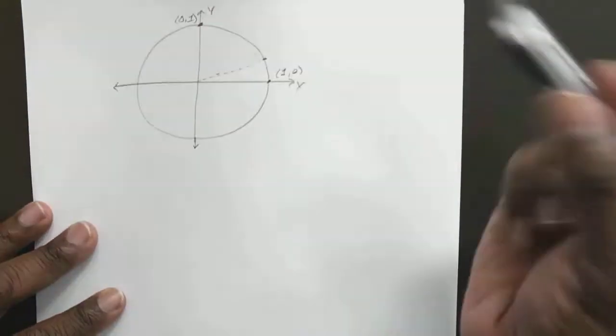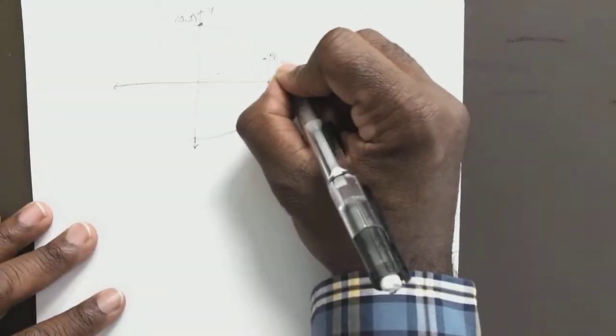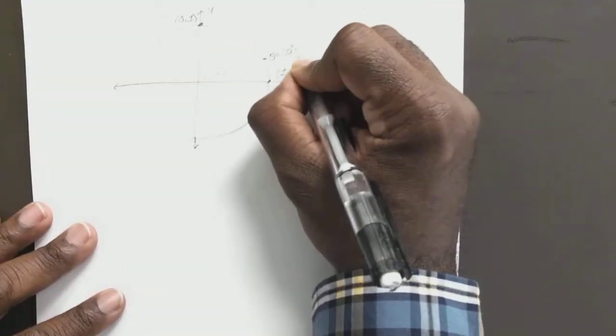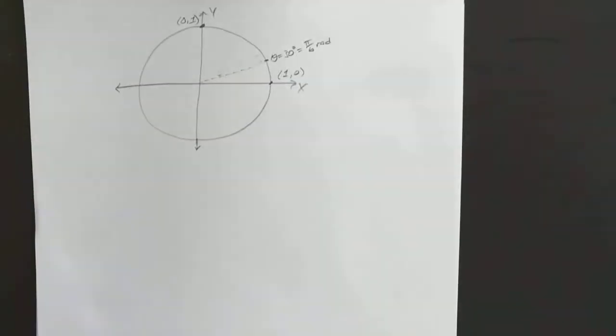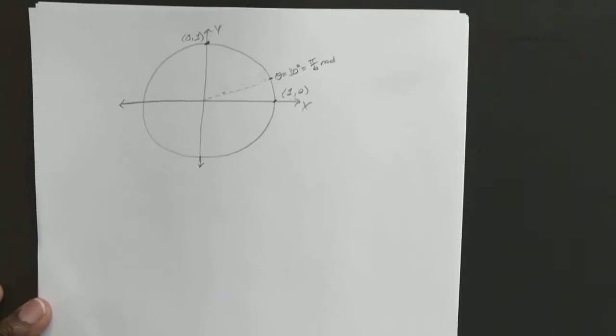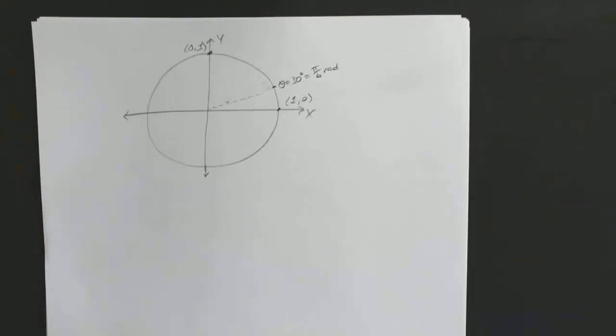Okay, so theta equals 30 degrees, just pi over 6 radians. You don't have to write the radians. Whenever you have a pi in there, you automatically assume it's radians. So it's going to be either radians or degrees. So writing the RAD is kind of unnecessary, but it's not too bad to practice it.